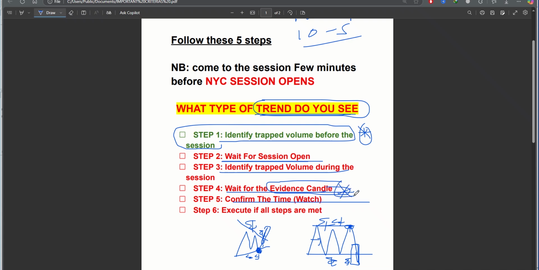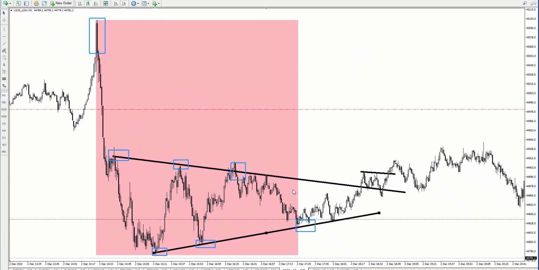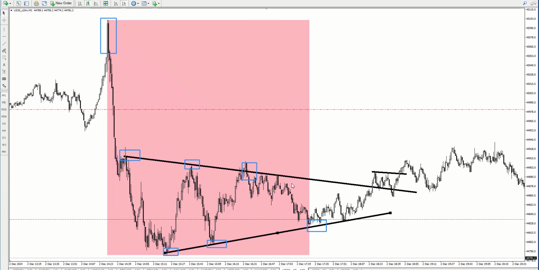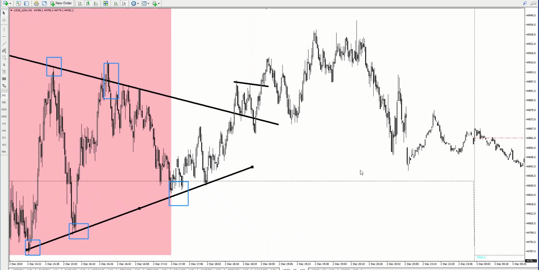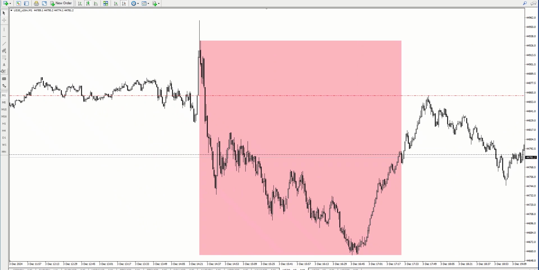When it fails, we don't even go to the next step. And if you go to your charts, you will see that the same thing happened on the Dow and others. That's why I said yesterday was a bit interesting. It did break, but it didn't have an evidence candle, so we cannot proceed with something that didn't meet our rules. Just to go quick on this, because I want to focus more on gold.